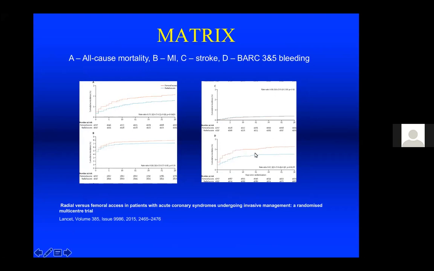And you can see that most of the events are driven by bleeding. So this is Bleeding Academic Research Consortium definitions of bleeding. Category 3 and 5 are those bleeding episodes that are actionable and are directly related to the procedure.